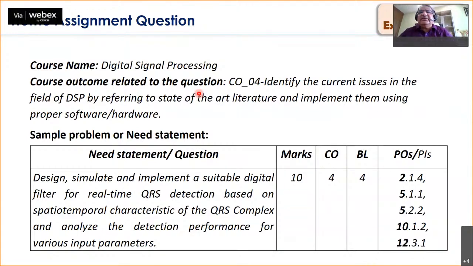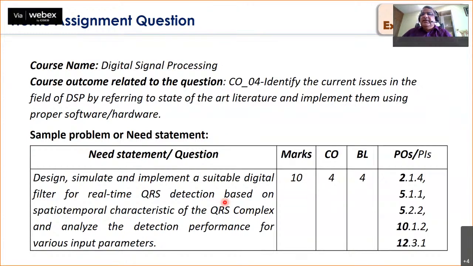Okay. We understand that. So here it is: design, simulate, and implement a suitable digital filter for real-time QRS detection based on spatio-temporal characteristics of the QRS complex, and analyze the detection performance for various input parameters. You can cross-check with people who are aware of digital signal processing whether this question relates to this CO or not.